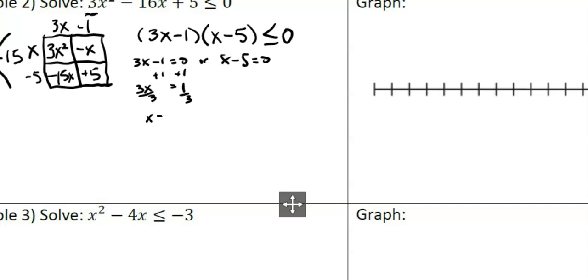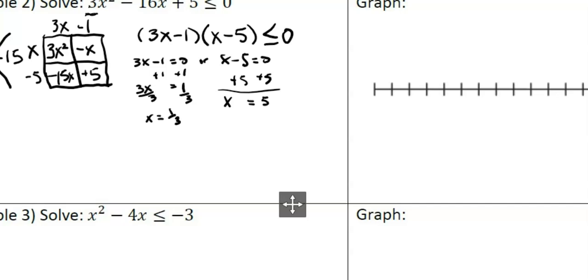So x equals 1/3 is one of our solutions for the equal part. And then adding 5 to both sides over here gives us x is equal to 5.